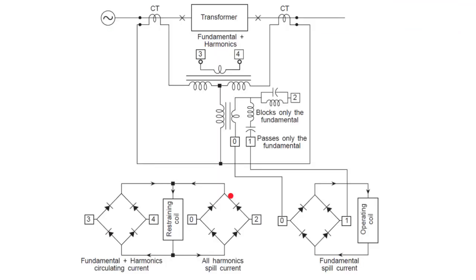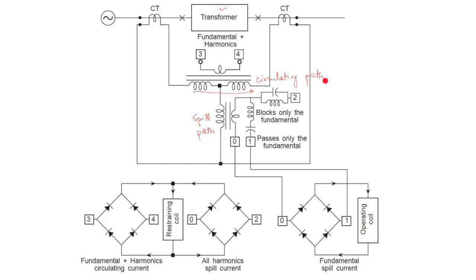Now this is the scheme by which we can implement this kind of relay. Here we can see the CTs on both sides of the transformer, this is your transformer. This is your spill path, and this is your circulating path.